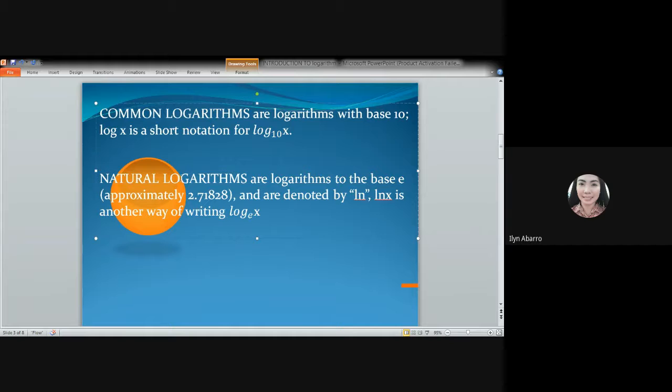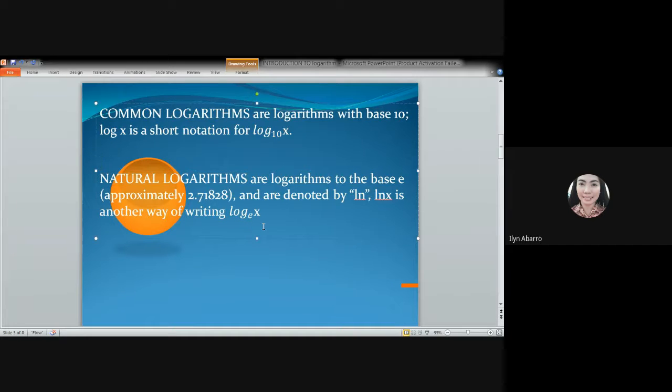What are natural logarithms? Natural logarithms are logarithms to the base e, approximately 2.71828, and are denoted by ln. This is small l and small n. ln x is read as ln x, and it is another way of writing the logarithm of x to the base e.